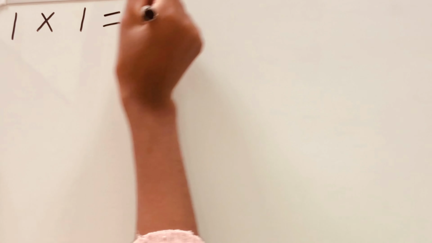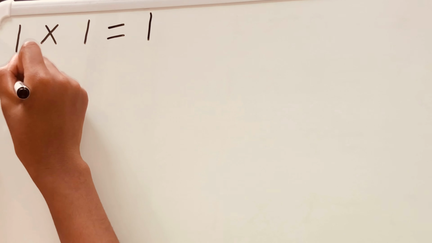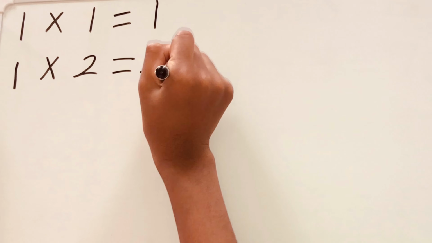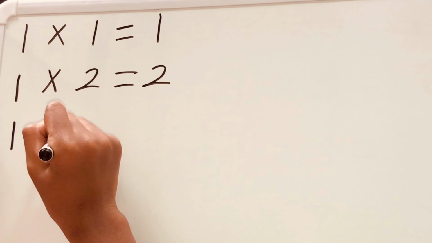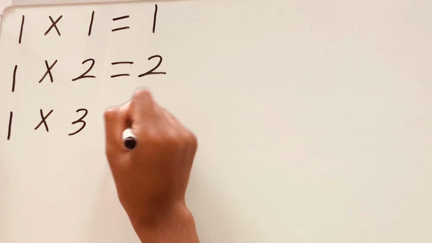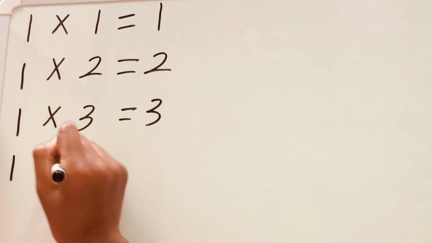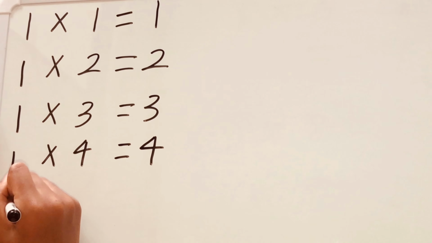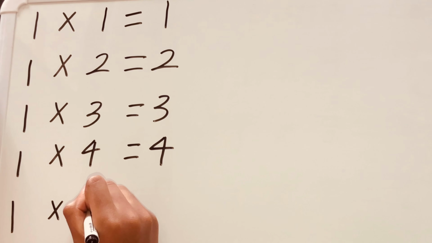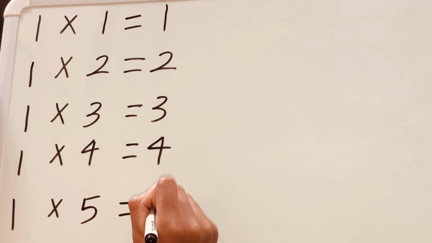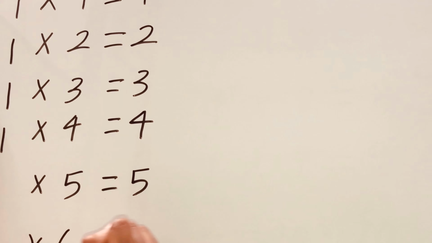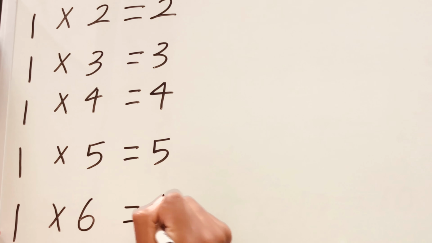1 times 1 equals 1. 1 times 2 equals 2. 1 times 3 equals 3. 1 times 4 equals 4. 1 times 5 equals 5. 1 times 6 equals 6.